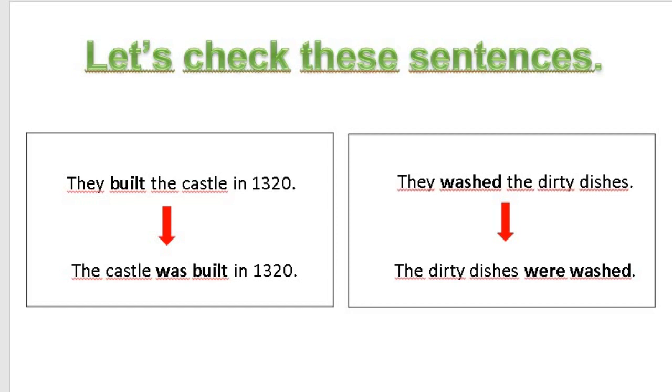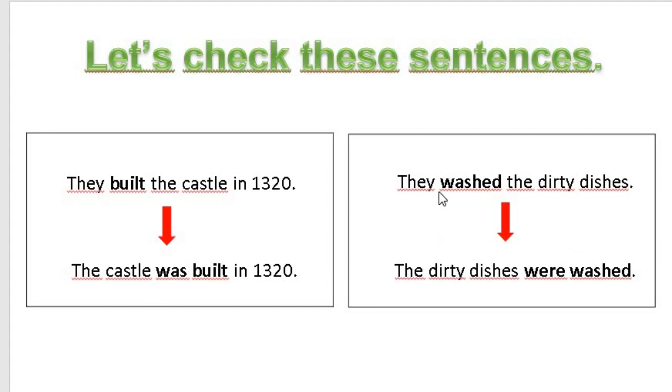But the thing you have to consider here is, built is used as a past tense. They built the castle. So, when we want to talk about a completed action in the past, we use past passive. Was, were plus past participle of the verb. So we make it was built in 1320.